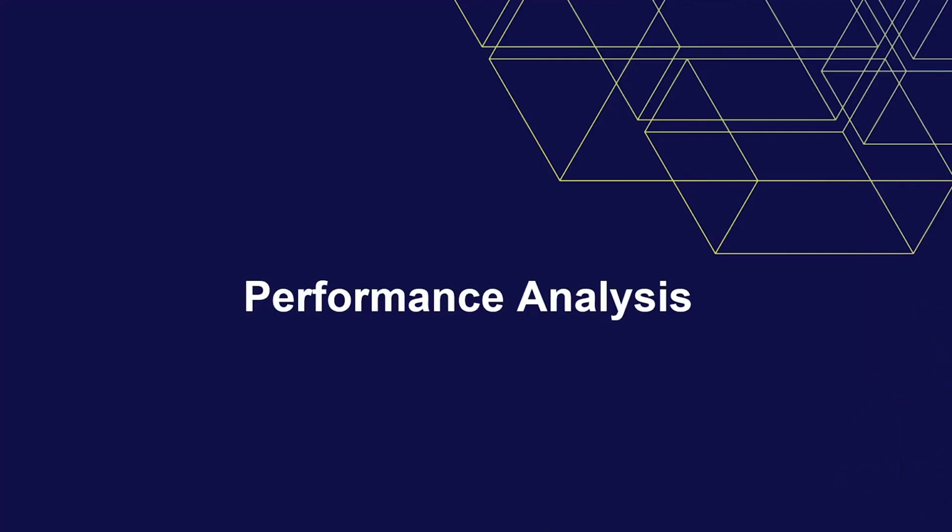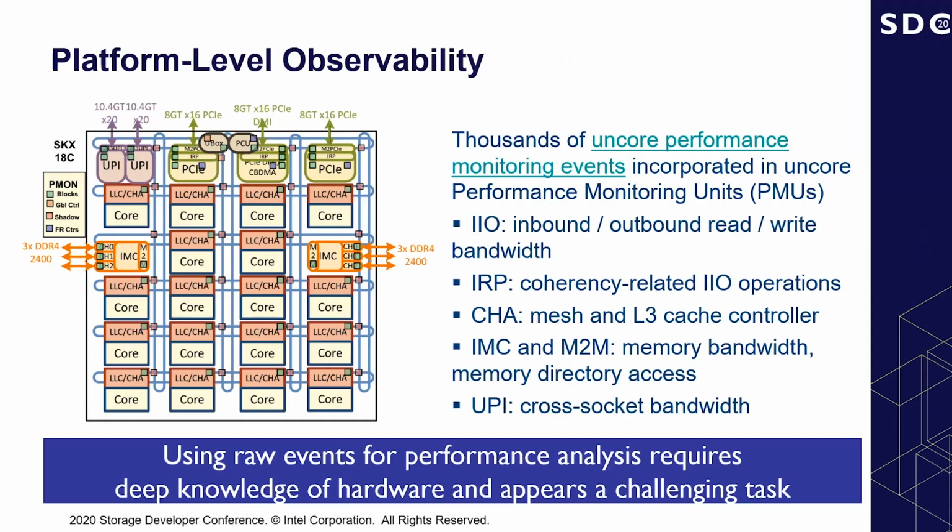With an understanding of the architecture, the typical I/O transaction flow, and the importance of Intel DDIO, we can now move on to the performance analysis of these I/O flows. Let's start the performance analysis overview by discussing platform telemetry points. Skylake and Cascade Lake servers incorporate thousands of uncore performance monitoring events provided through performance monitoring units, or PMUs.